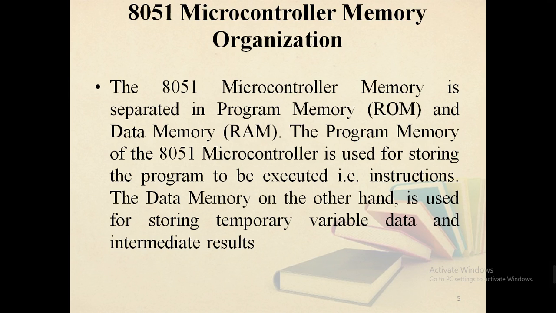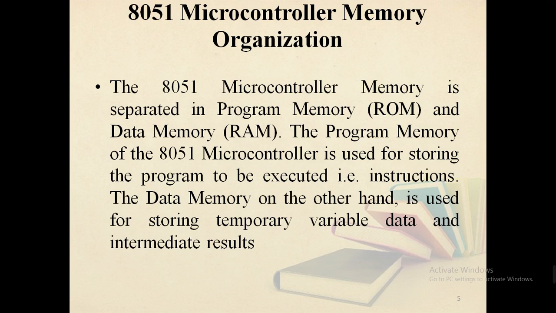Coming to the major topic, that is 8051 microcontroller memory organization. The 8051 microcontroller memory is separated into program memory and data memory. The program memory of the 8051 microcontroller is used for storing the program to be executed, that is instructions.